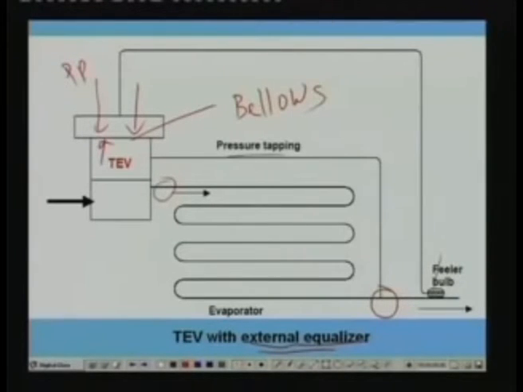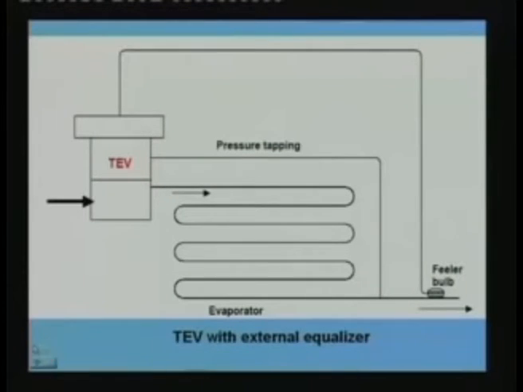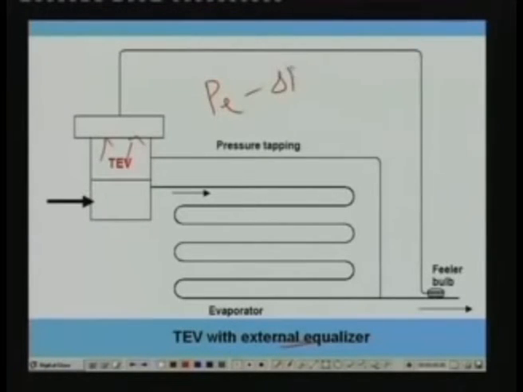That means you take a pressure tapping at the outlet of the evaporator, and that pressure will be acting below the bellows. So this is called the TEV with external equalizer. In a normal evaporator, this partition will not be there, so the pressure acting here will be the inlet pressure itself, P inlet. But when there is a large pressure drop, we modify this and we go for this kind of external tapping, so that the pressure opposing this will be PE minus delta P, not PE.